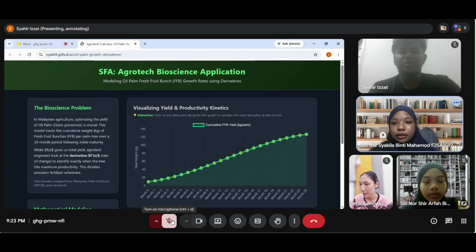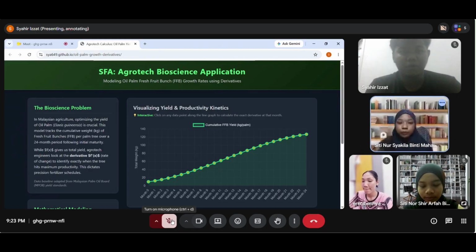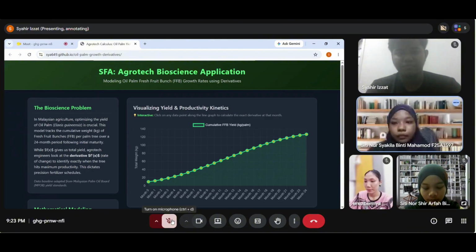Third, sustainability. Result data helps optimize fertilizer use, reducing chemical waste and protecting the environment.